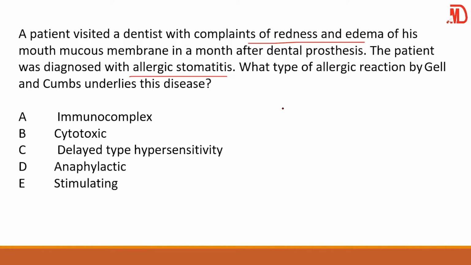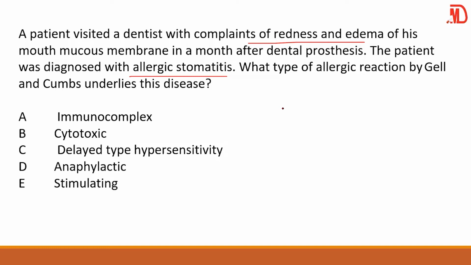Now, type 4 hypersensitivity, also known as delayed or cell-mediated. Examples include contact dermatitis, allergic stomatitis, and graft versus host disease. Graft versus host disease is more or less talking about transplant.